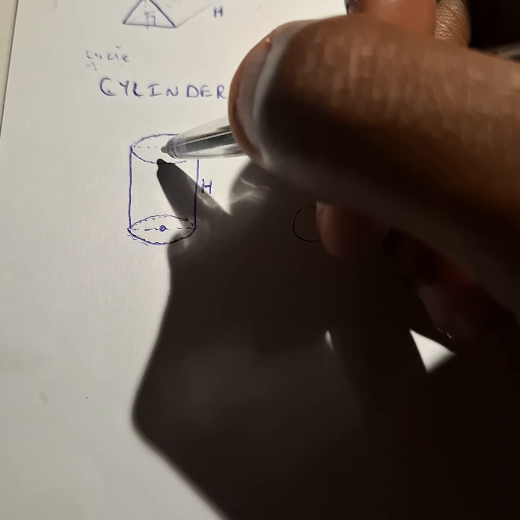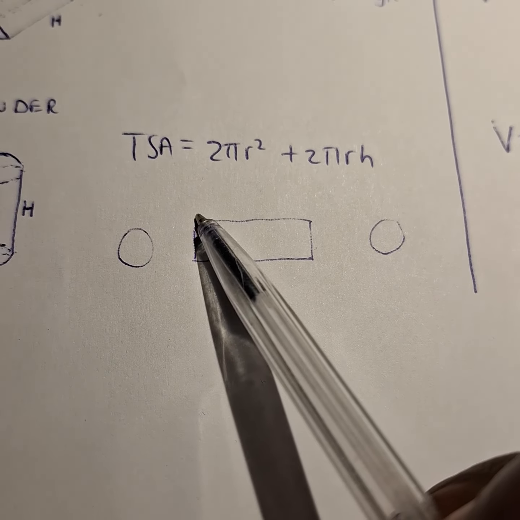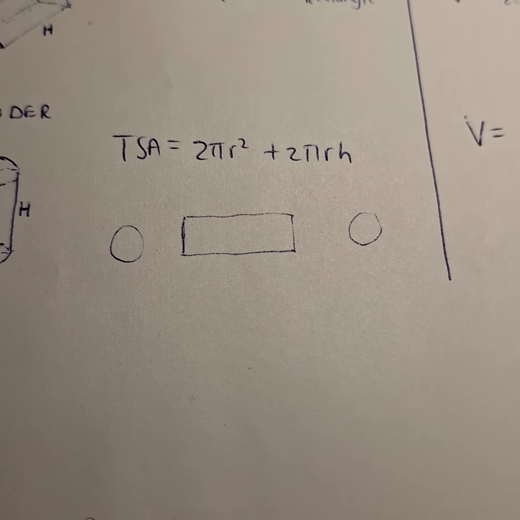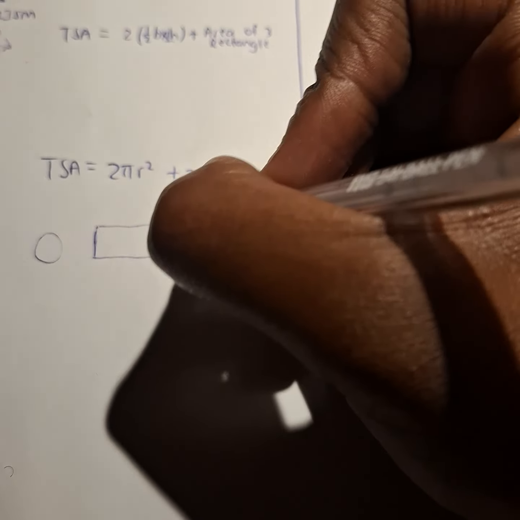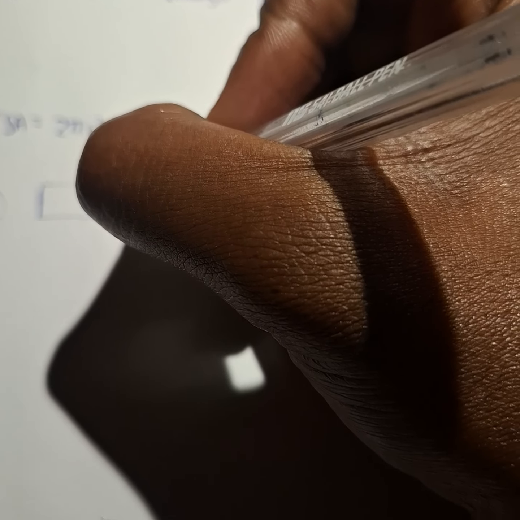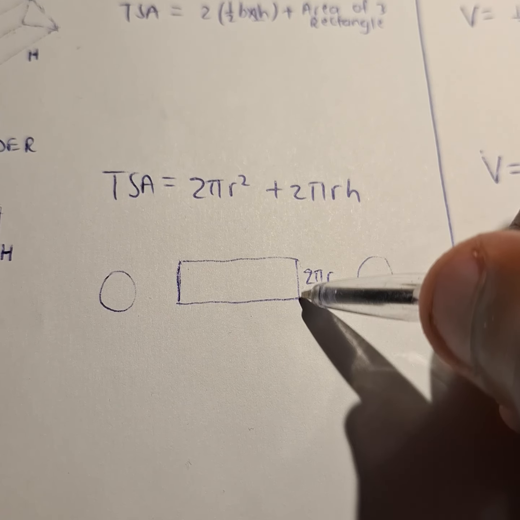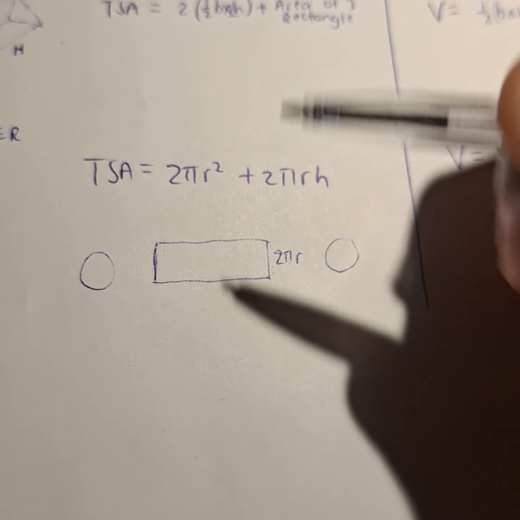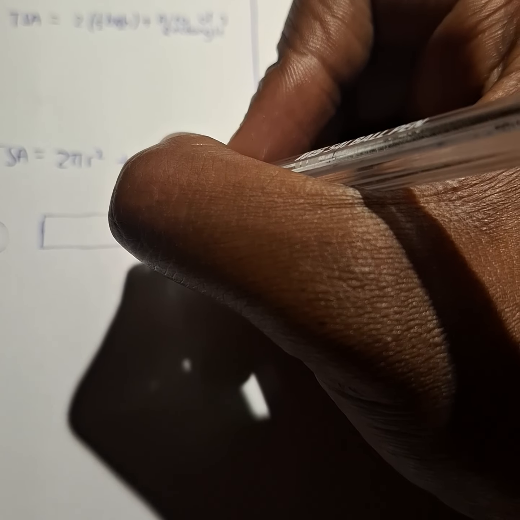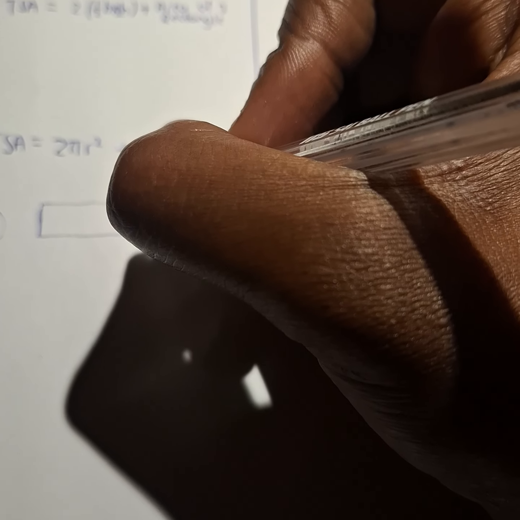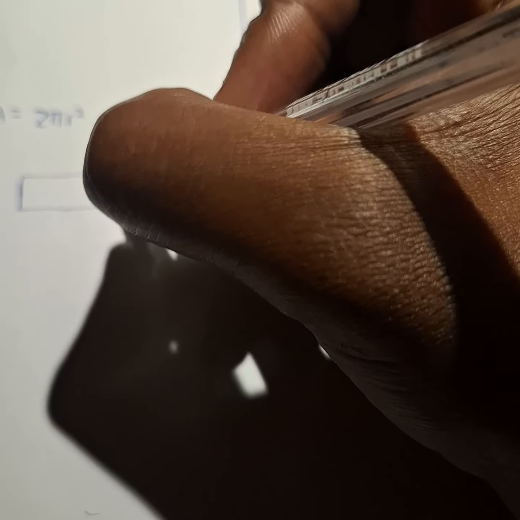So I want you guys to please go watch the video where I actually explain this. But this side would be 2 pi r because it represents the distance around the circle.